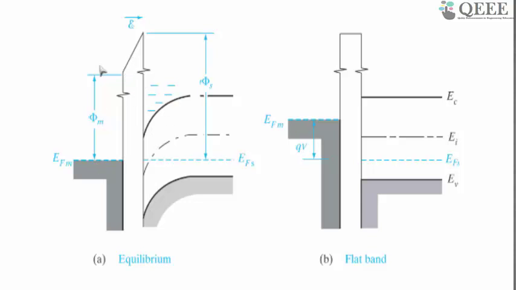If the gate moves up, the oxide also tries to move up, and the semiconductor side also tries to move up. The valence band and the conduction band also try to move up.